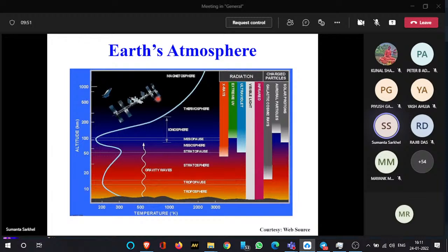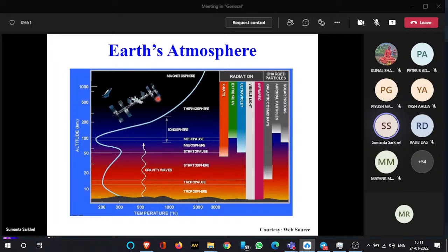All right, now we have to understand why the temperature varies like this. You see, in the troposphere it is decreasing, then in the stratosphere it is increasing, in the mesosphere it is again decreasing, and in the thermosphere it is increasing, and eventually it becomes constant with altitude.